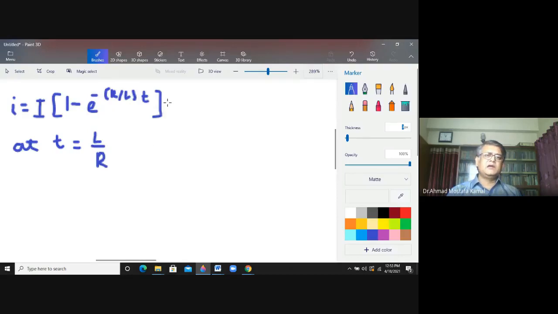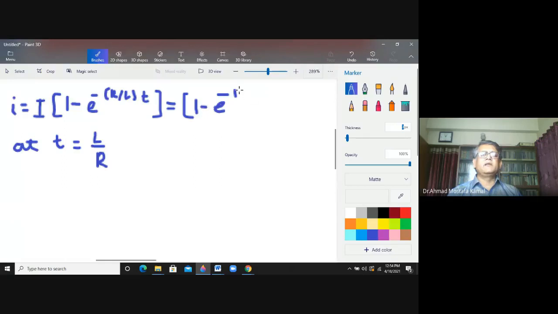I will come to this point, but before that, let me show you that if we put this value at time L by R, here 1 minus e to the power minus R by L into L by R. Okay, R by L, then T is equal to L by R. So ultimately R cancels, L cancels, e to the power minus 1.